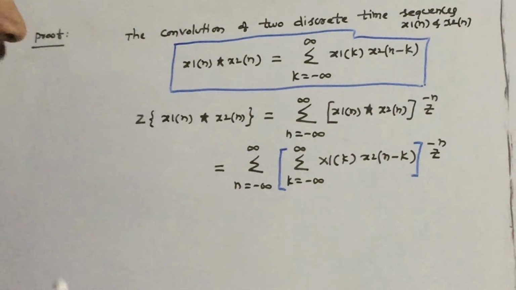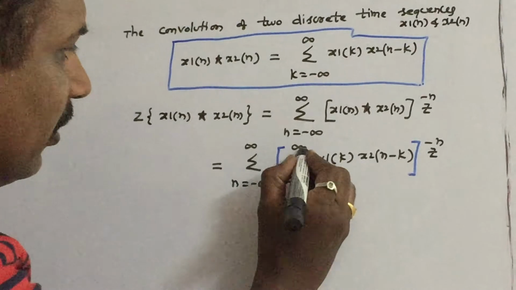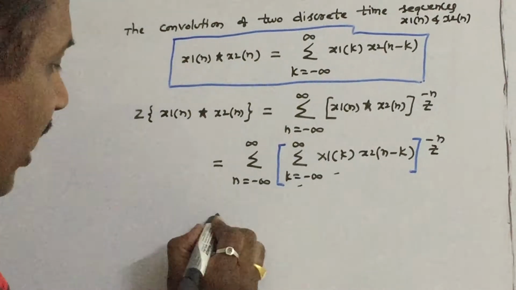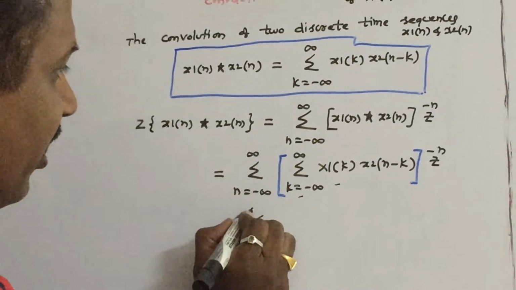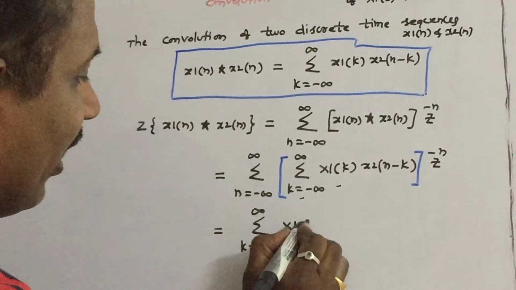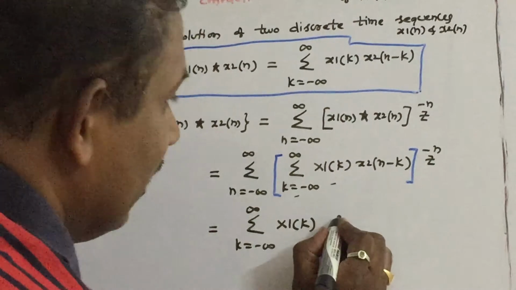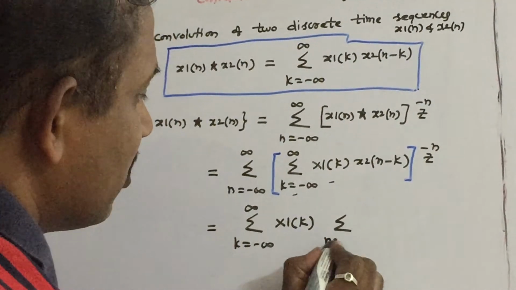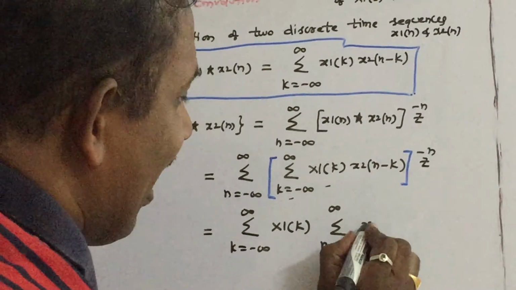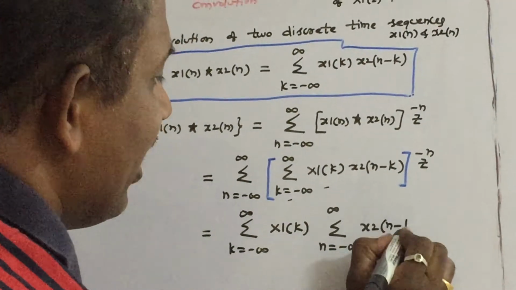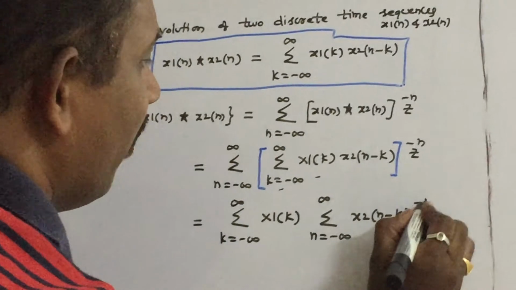Therefore, take this term outside and rearrange the terms. Which is written as summation k equal to minus infinity to infinity x1 of k, written outside, and summation n equal to minus infinity to infinity x2 of n minus k into z power minus n.